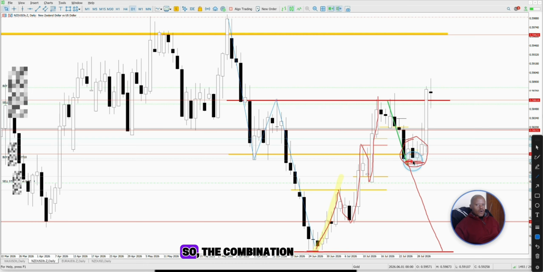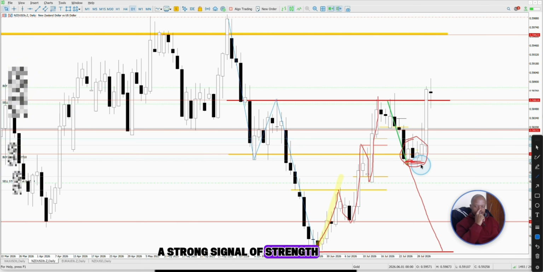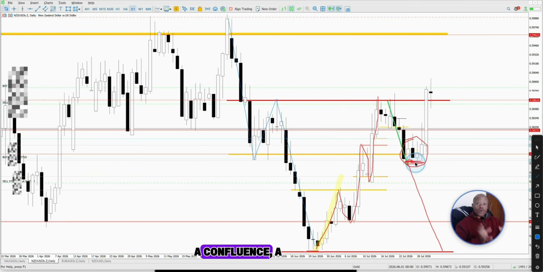So the combination of the trend, which is the current trend, this one, and this support forms a strong signal of strength. We might as well say right here there was a confluence, right?